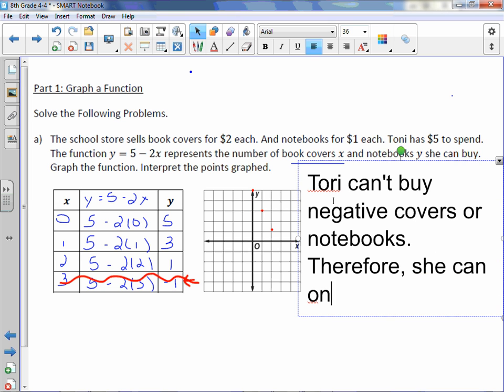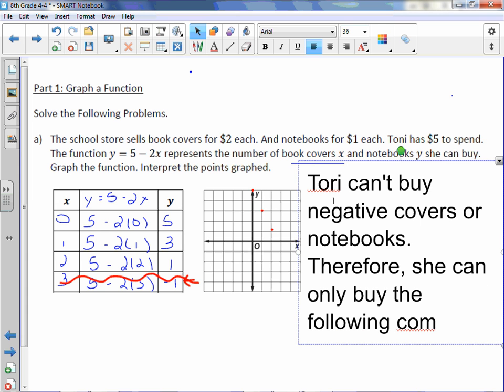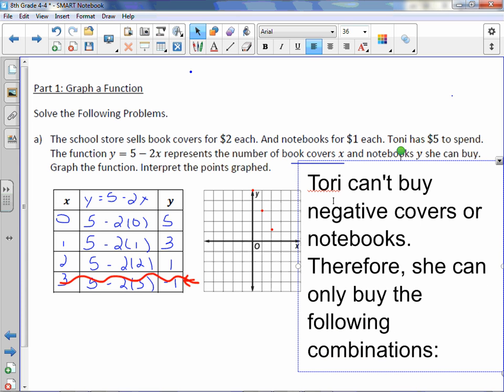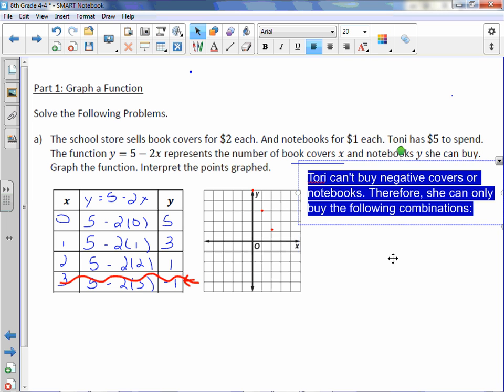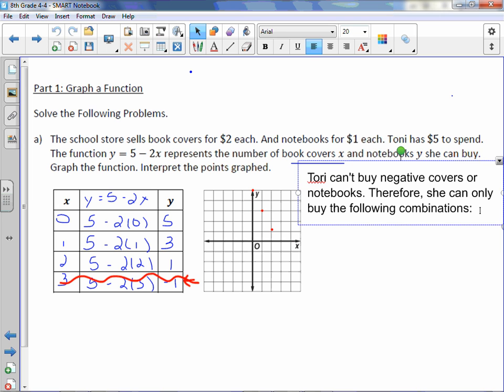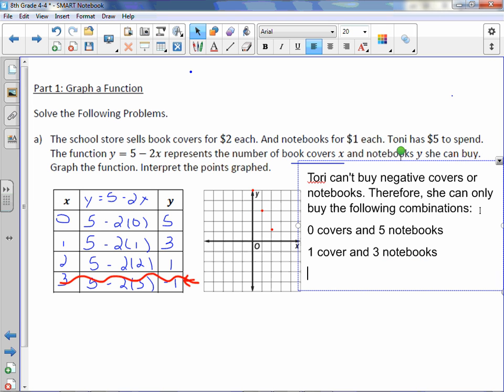Therefore, she can only buy the following combinations. She can buy 0 covers and 5 notebooks, or 1 cover and 3 notebooks, or 2 covers and 1 notebook.